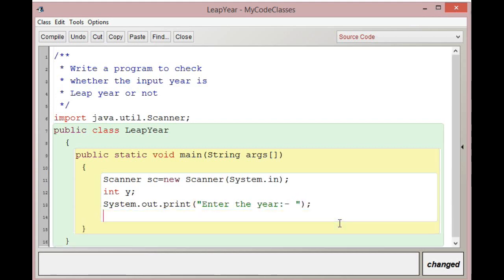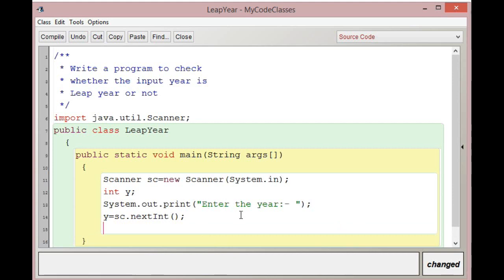Now after putting this on the screen, what next is going to happen? I'll be writing y equals sc.nextInt. Now with this I'll be able to accept the value of y in my program.